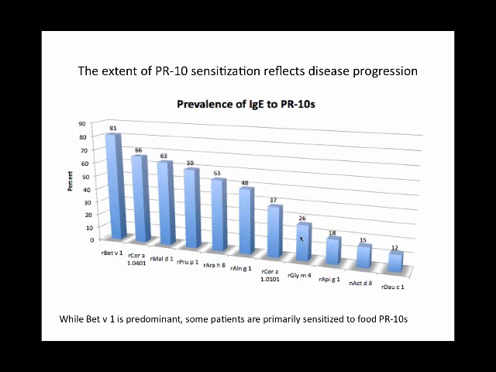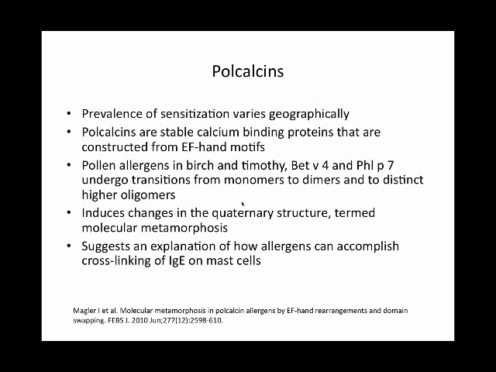Looked at our own data, and curiously, it seems to follow the German data quite well. The same kind of distribution, although I don't think we have as much alder tree as they do. The polcalcins have a very interesting feature: they tend to form dimers and higher oligomers.